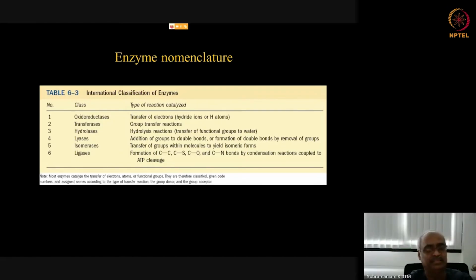For example, breakdown of starch into glucose is a hydrolysis, water involving, and they are a large number deserving their own major subgroup, and that is why you have the separate group hydrolases from lyases.